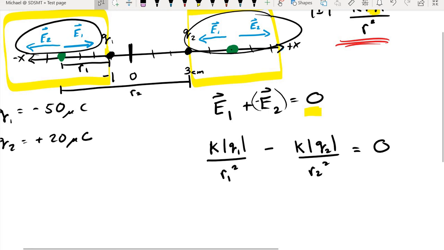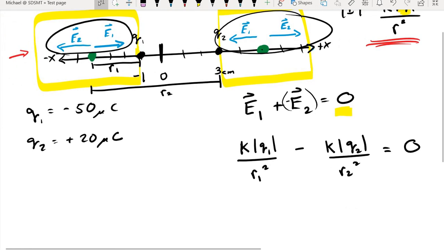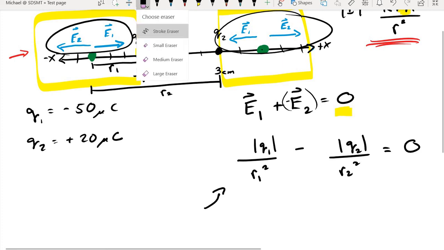Okay, so now let's see what we have here. Actually, since everything is equal to 0, we can factor out those K values. We don't need K in the expression. But for this first ratio, I have the magnitude of Q1, which is the larger of the charge magnitudes.